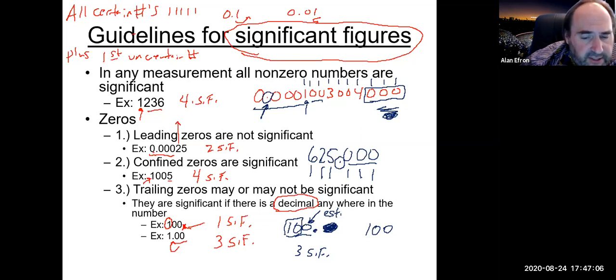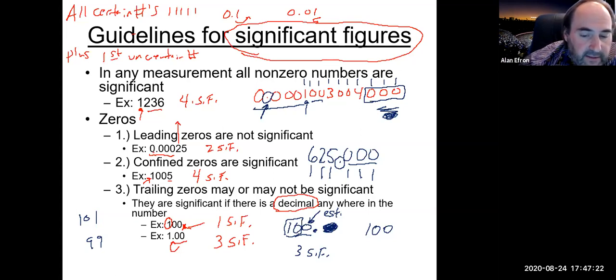So the uncertainty is in that last 0, which means it could be something like 101, could be something like 99, in terms of where that number may fall.